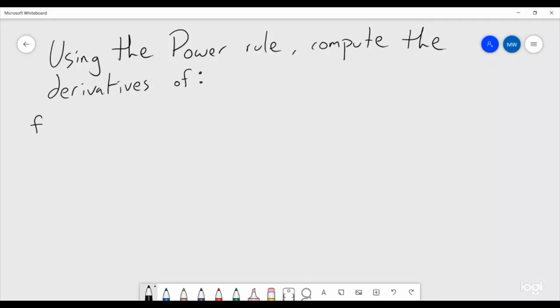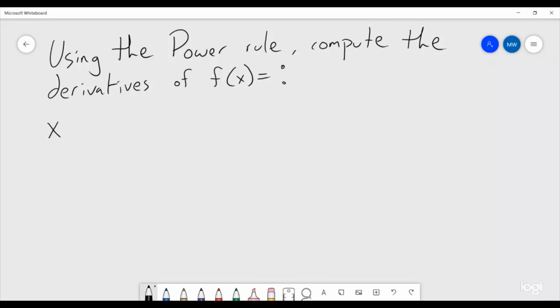Let's write it like this: f of x equals, and then we're going to list a bunch of functions. Pause the video, write down all of the derivatives, and then we'll see if you were able to get them, because hopefully these should be fairly straightforward.